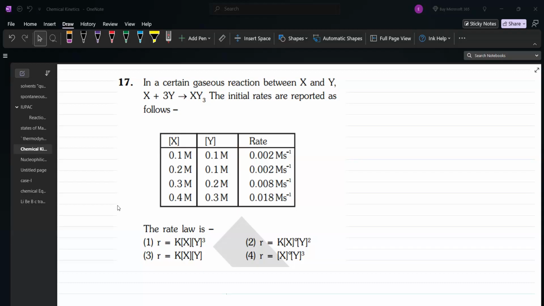And Rishita, anything? So I'm still finding it. Try. And the good thing is just find where the rate of reaction is not changing.